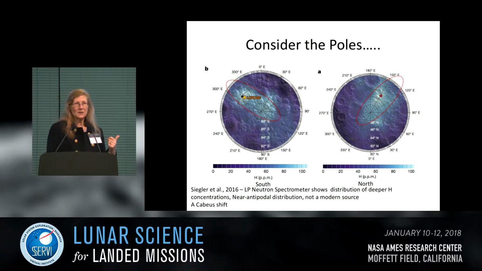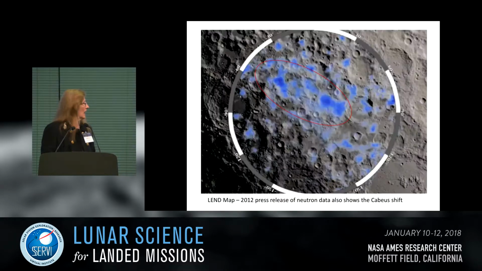Okay, so this is an interesting graph, and what it shows is that the hydrogen deposits seen in the neutron data are spread from the current polar region to the ancient polar region. I mean, the uncertainty here is that we don't have high spatial resolution. But it's an interesting question as to whether these deep hydrogen deposits are ancient and decoupled from the surface frost, or whether they're fed from the surface frost.